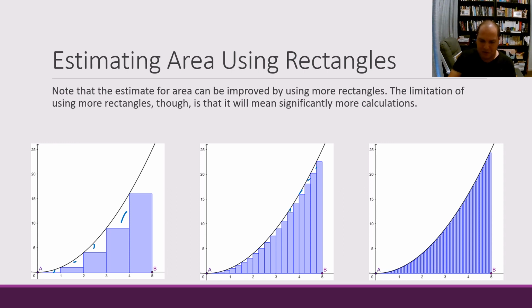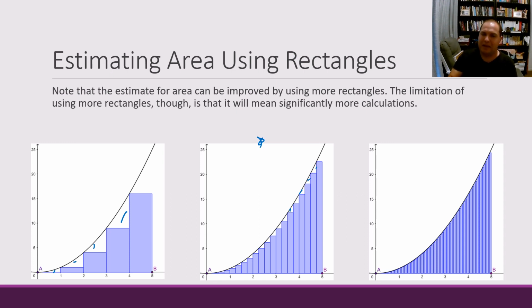So this estimation from this graph will be much better. Over here on the far right, these rectangles are so thin, and those gaps are so small we can barely even notice them. So if we make the width of each rectangle smaller, we will be able to get a much better estimation than if we use only a few rectangles like we did here.